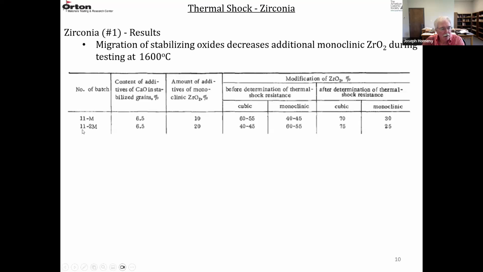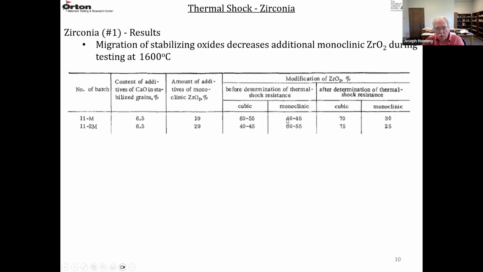So for batches 11 M and 11-2M, this was the initial lime content in the briquettes. This was the additional 10 or 20% added of monoclinic zirconia. And this is before thermal shock, and this is after thermal shock.